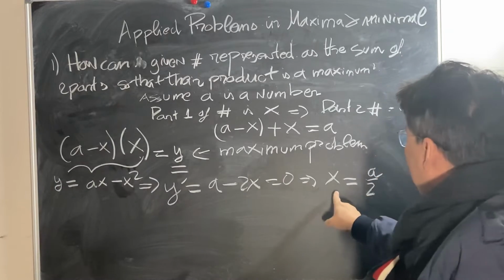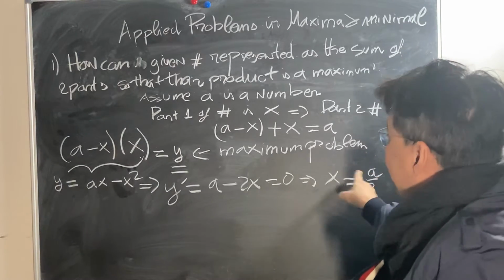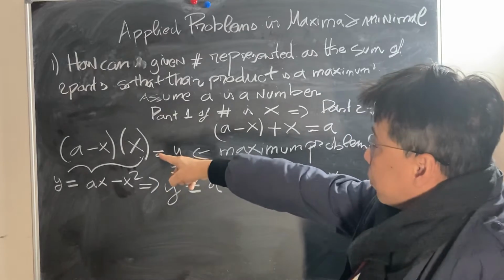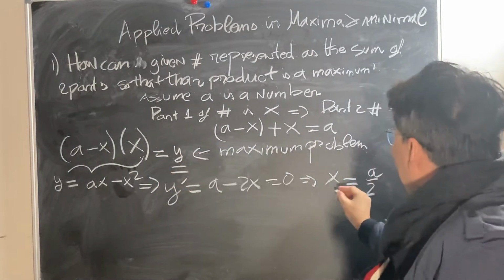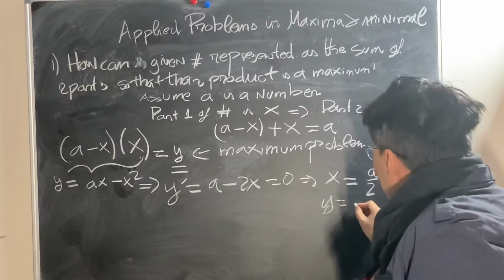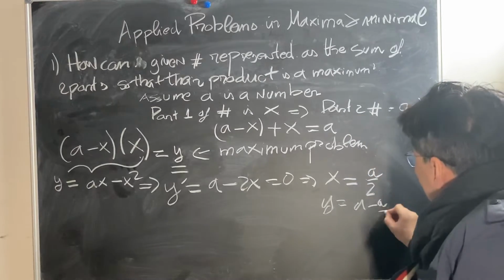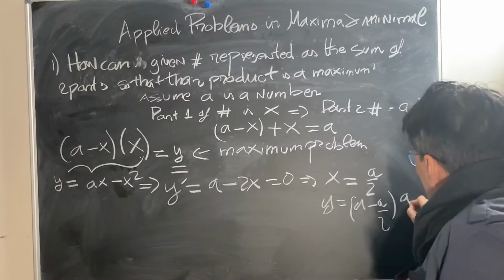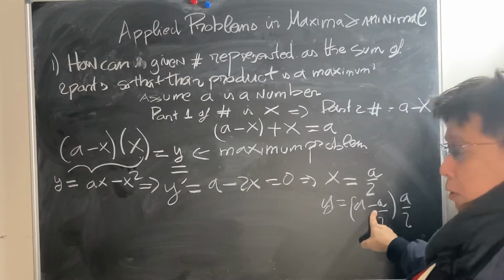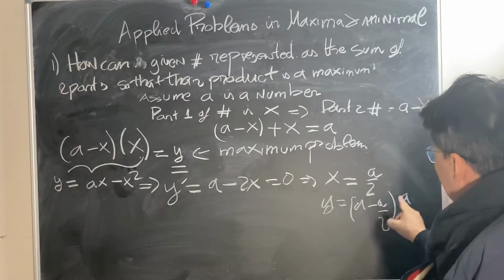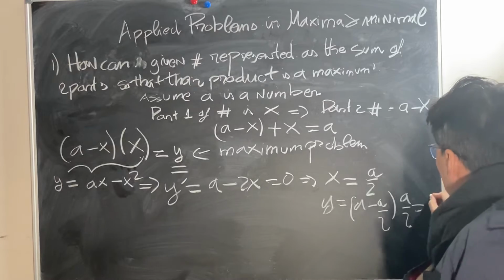Okay, and you need to find y: substitute x equal a over 2 into the original equation. You have y equal a minus a over 2 times a over 2. A minus a over 2 equals a over 2. A over 2 times a over 2 equals a squared over 4.